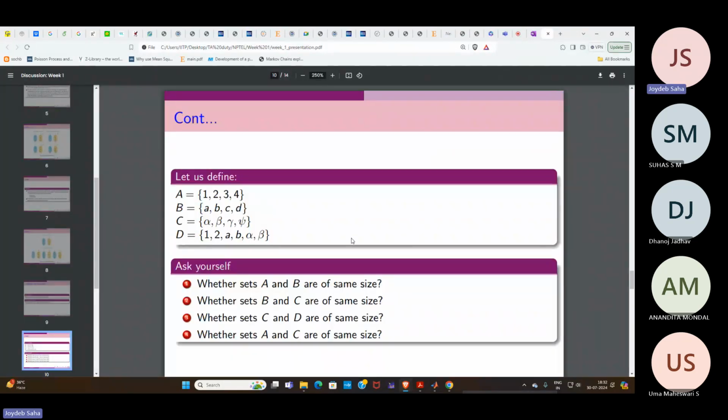Please write the answer of these 4 questions in the chat box. I'm giving 3-4 minutes, okay?